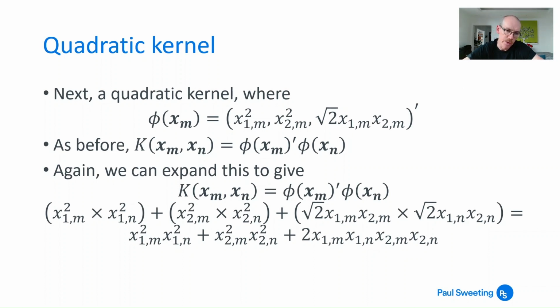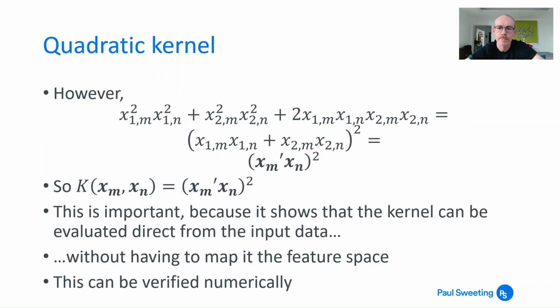And this is equal to x1m squared x1n squared plus x2m squared x2n squared plus 2 x1m x1n x2m x2n. So far so good. However, we also know that that long expression is actually equal to (x1m x1n plus x2m x2n) all squared, or the vector xm transpose xn all squared.